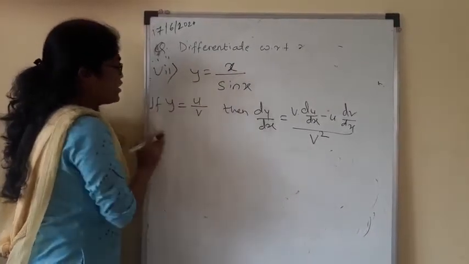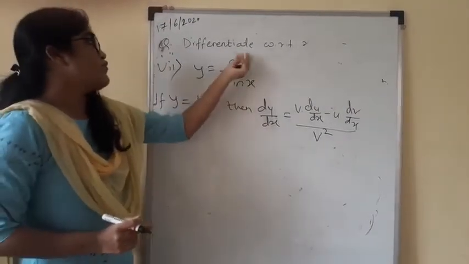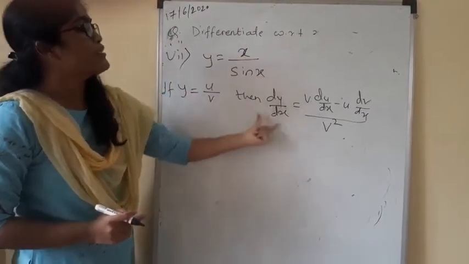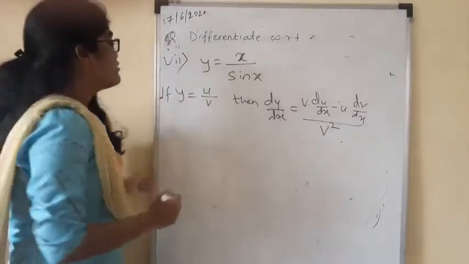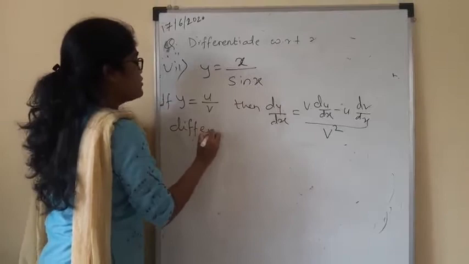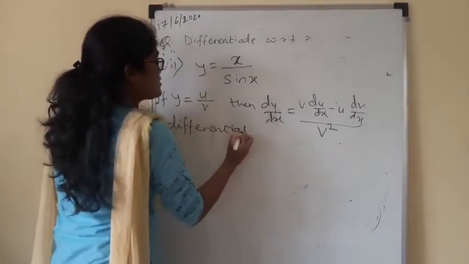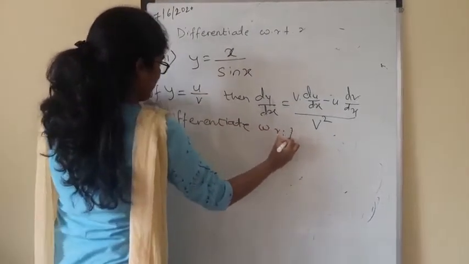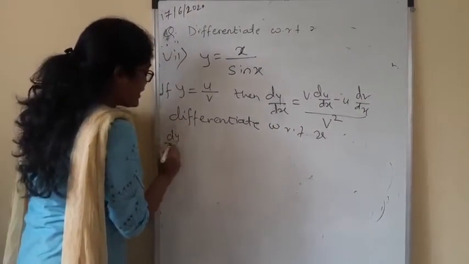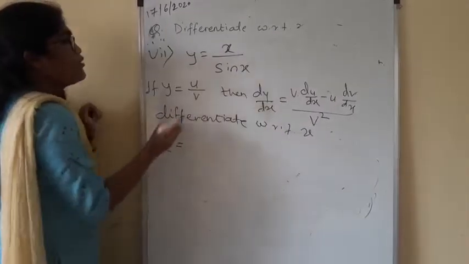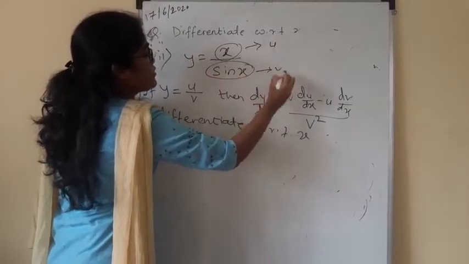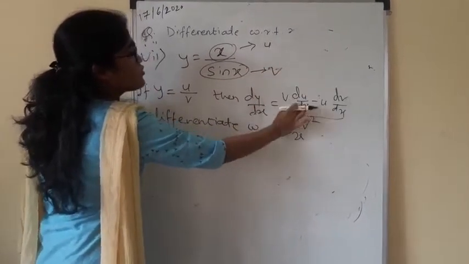So when our function is in the form of a quotient, that is if we have numerator and denominator form, then we have to use this result. So we will differentiate this function with respect to x. So dy by dx is, now we know that this is u and this is v. So we just have to follow this rule.